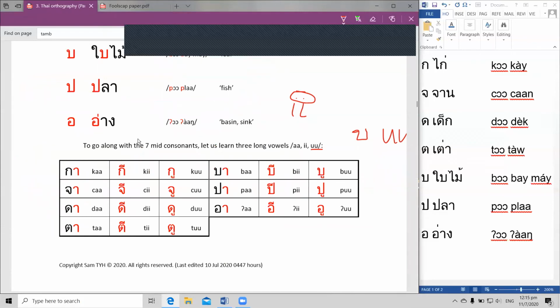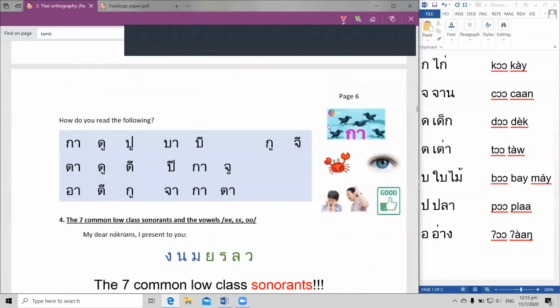Now let's do some reading practice. Okay, how do you read the following? When you see a word in Thai, you shouldn't always assume that it is spelled consonant first and then vowel later. The vowel can actually be written before the consonant.